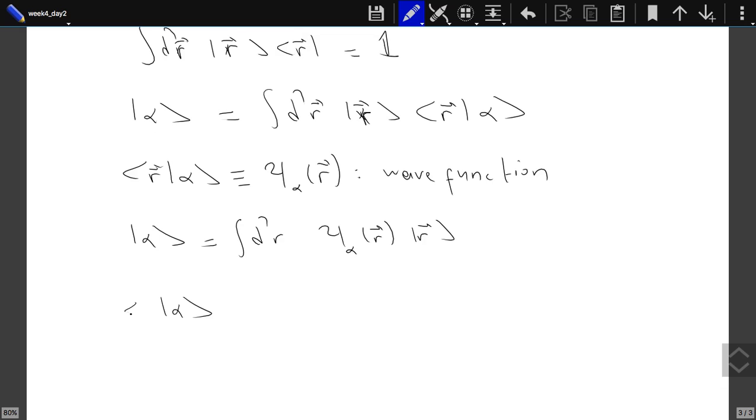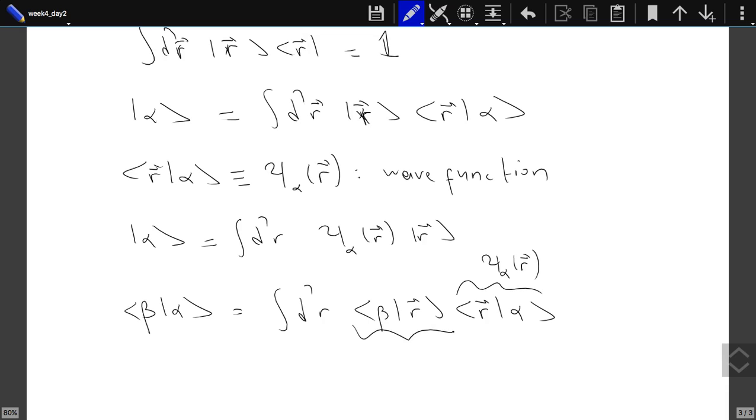Let's look at this one, the inner product of alpha and beta. Well, this will be equal to the integral d cubed r of <beta|r><r|alpha>. I just inserted the identity. You see, this is what we had defined as psi alpha of r.